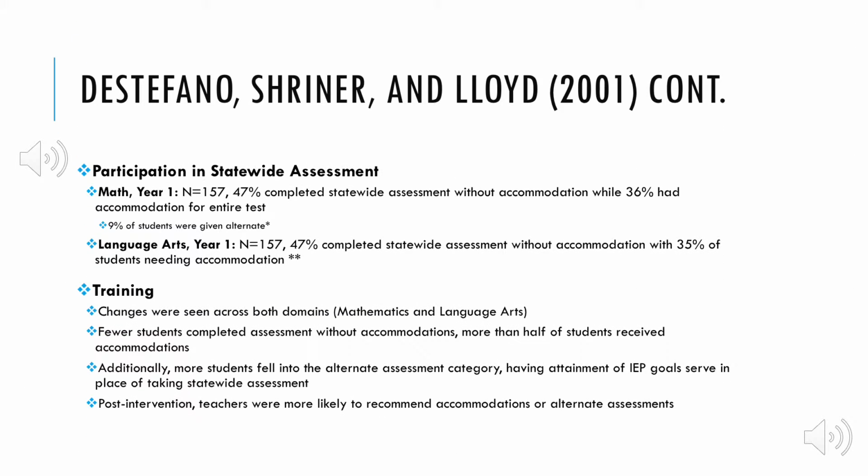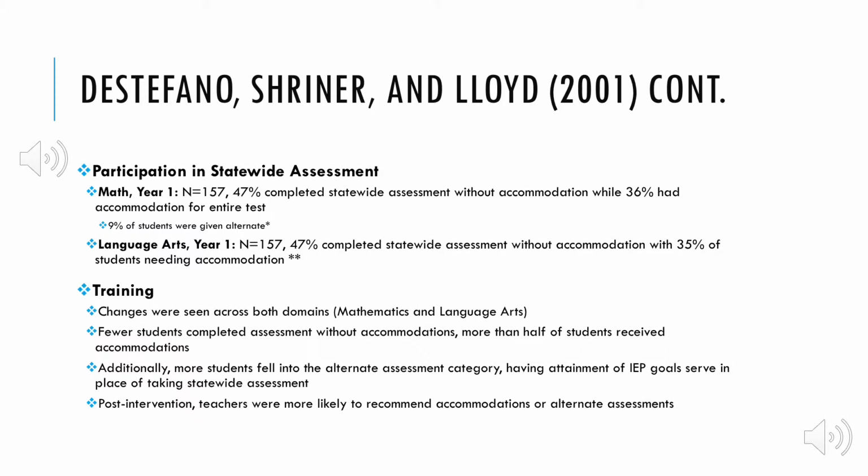When the researchers looked into the training of teachers on accommodations, changes were seen across both domains, mathematics and language arts. Fewer students completed the assessment without accommodations. So more than half of students received accommodations after training teachers on appropriate accommodations and when they were necessary.